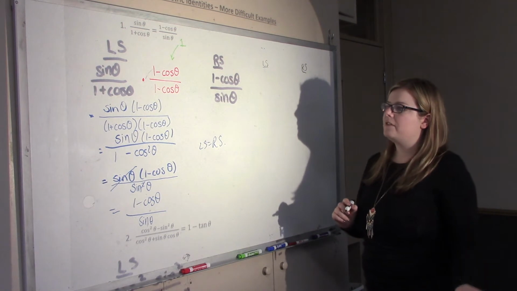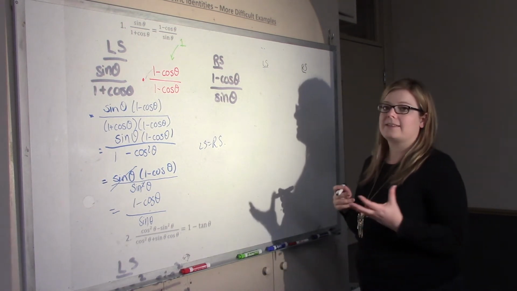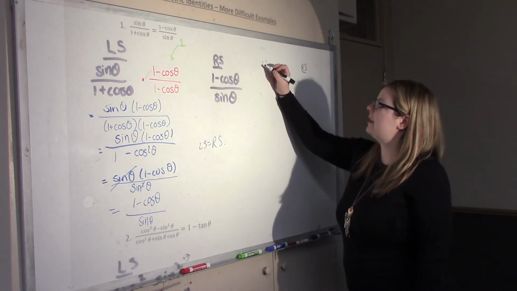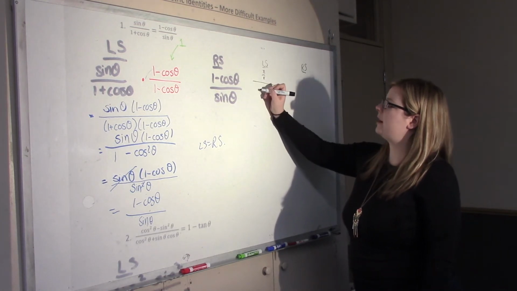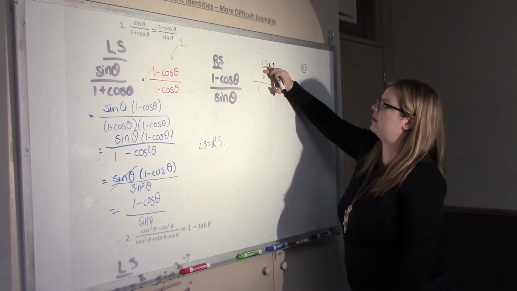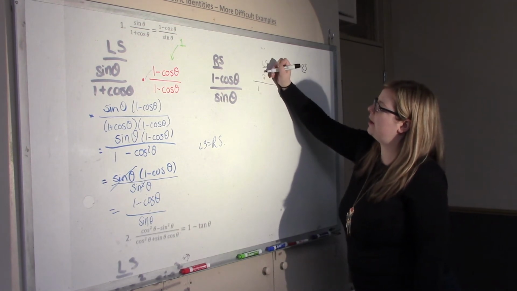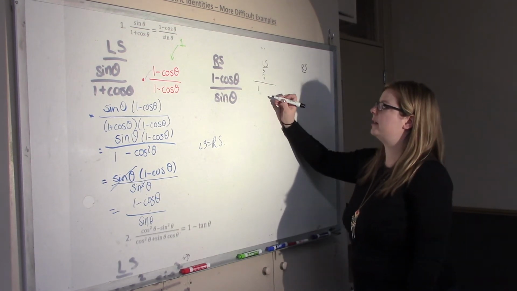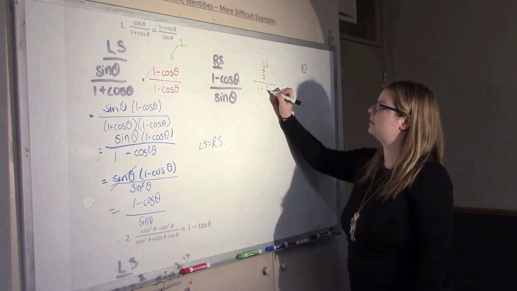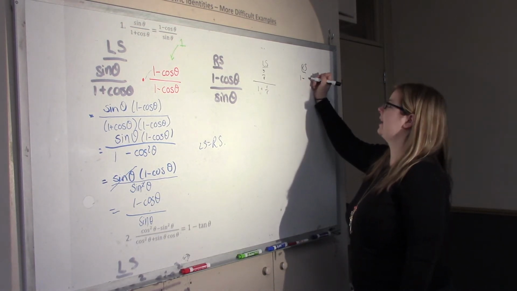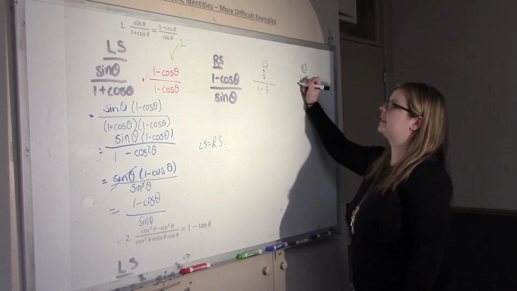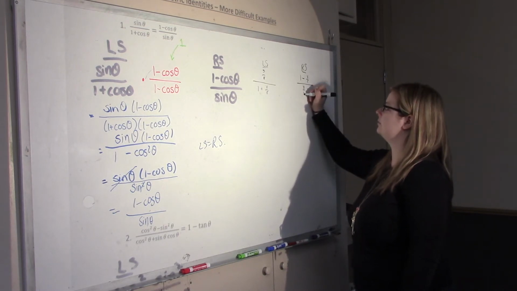You can turn all of the sines and coses into their x and r definitions. So you can have y over r, sorry, this is y over r, my bad, divided by 1 plus x over r. And this would be 1 minus x over r divided by y over r. Okay?